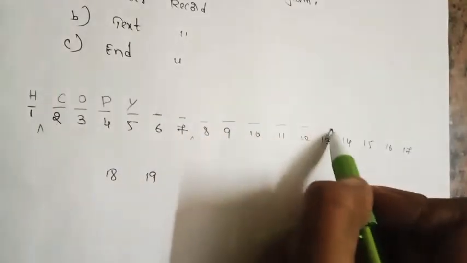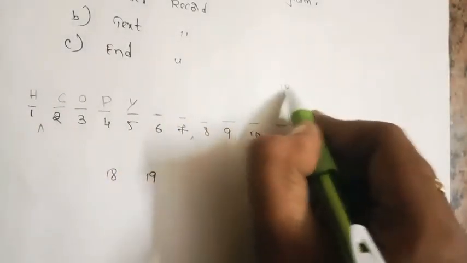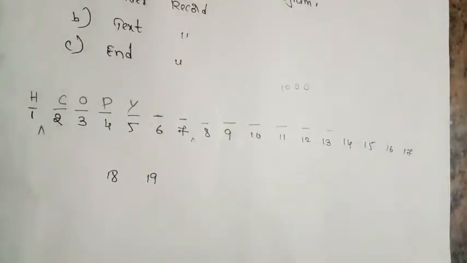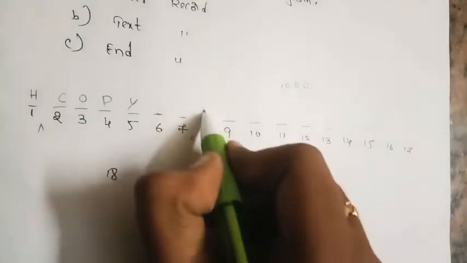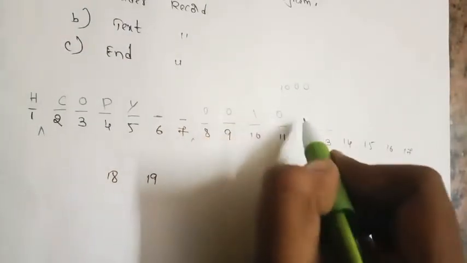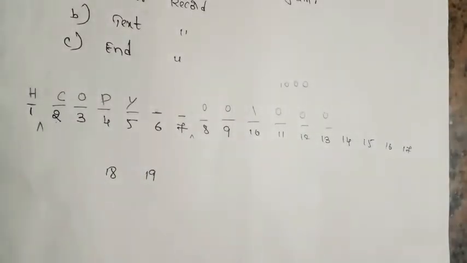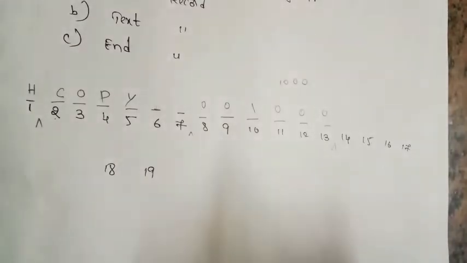We have the starting address as 1000, so I am writing it as 001000, just adding zeros in front of the 1. After that, I have columns 14 to 19.